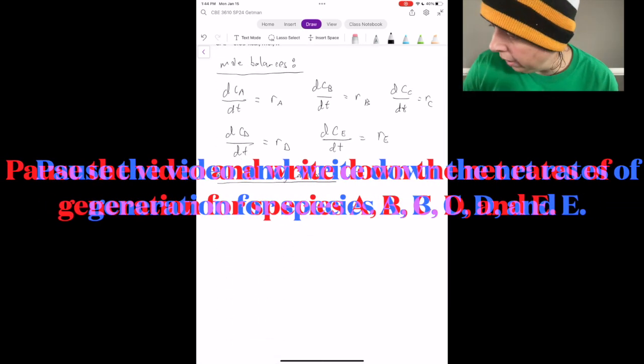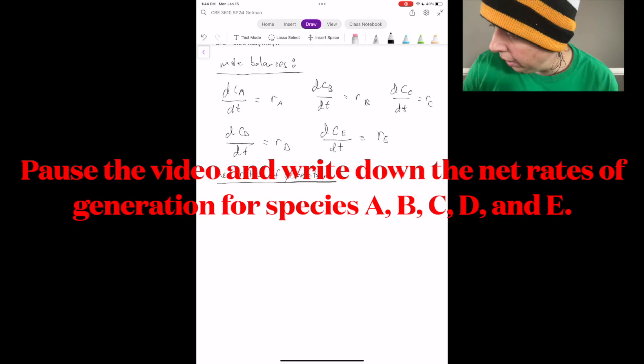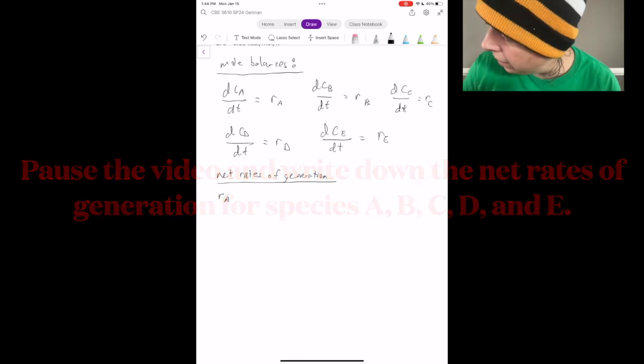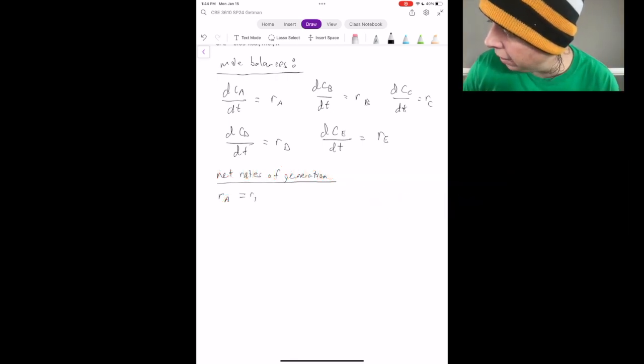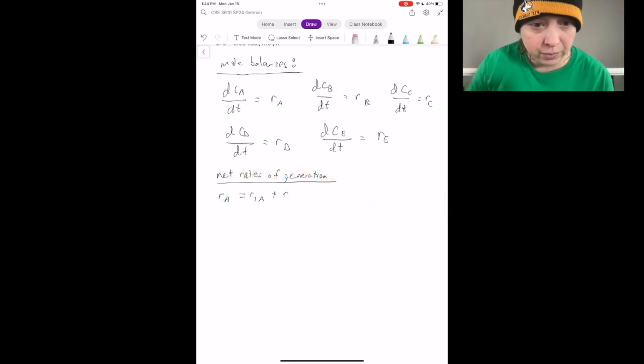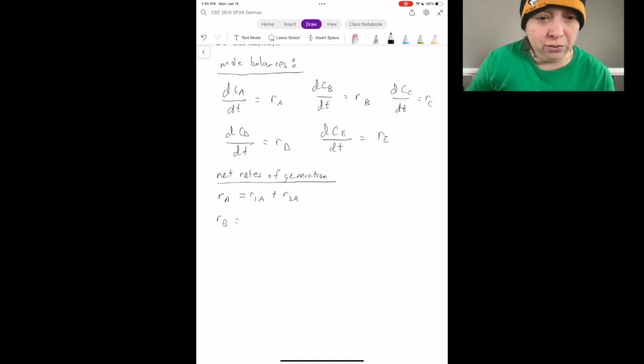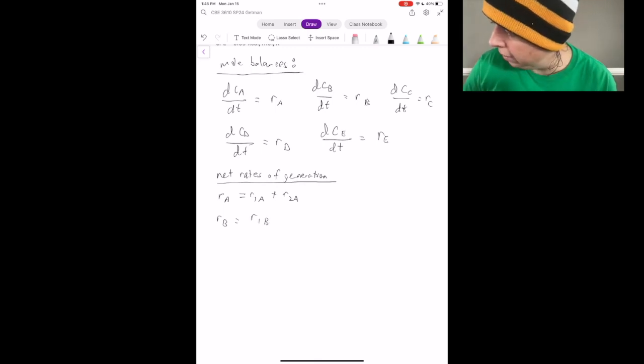So I have net rate of generation of A equals R1A plus R2A. Net rate of generation of B is going to be R1B plus R3B.